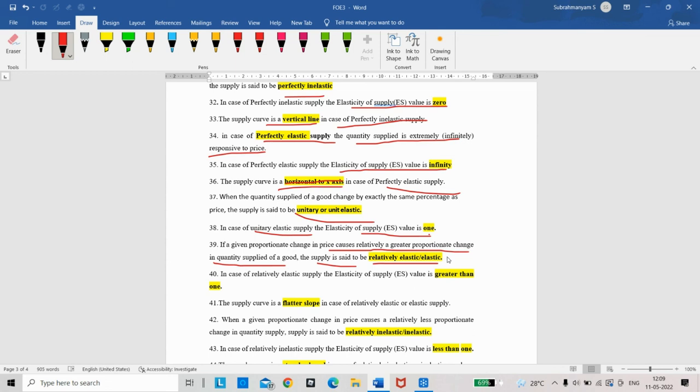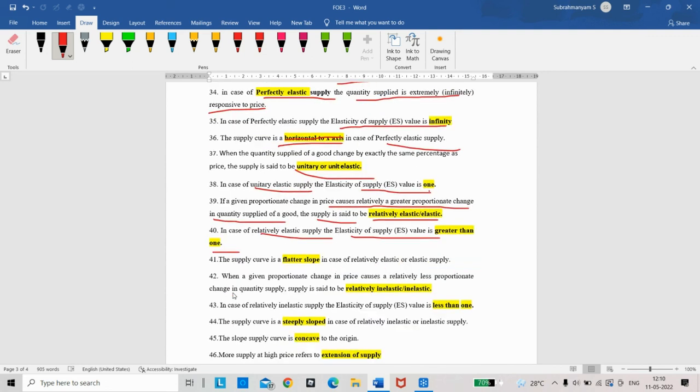That means a 10 percent change in the price level leads to a 40 or 50 percent change in the quantity supplied. Then that supply is said to be relatively elastic. In case of relatively elastic supply, the ES value is greater than 1.